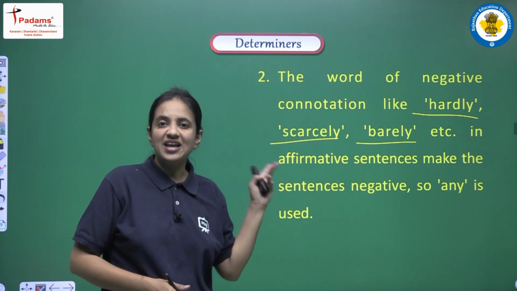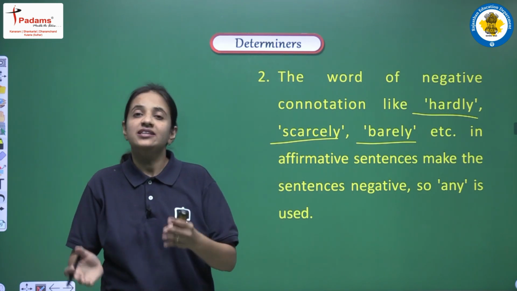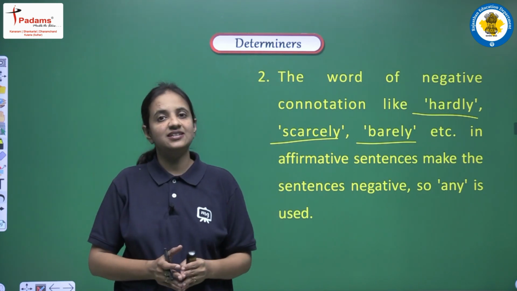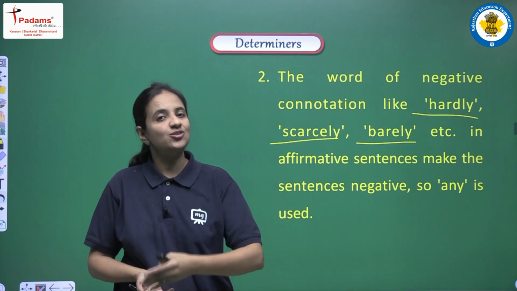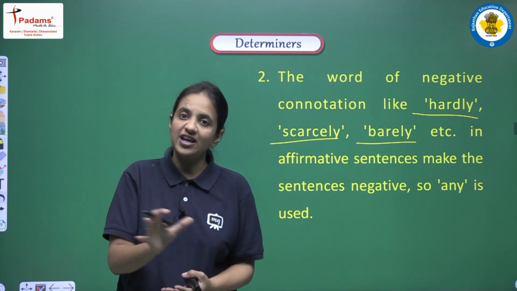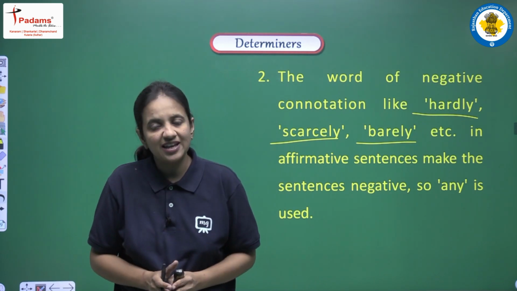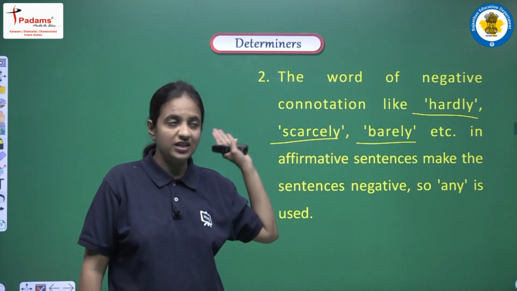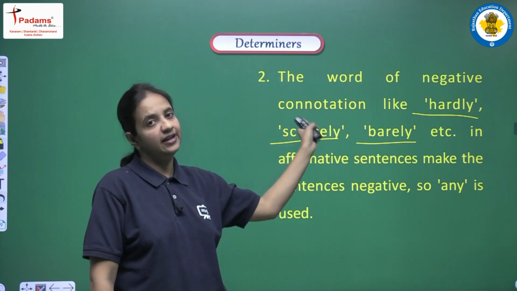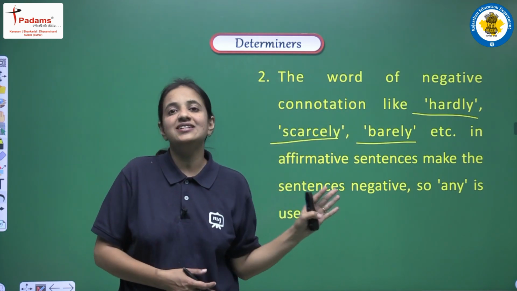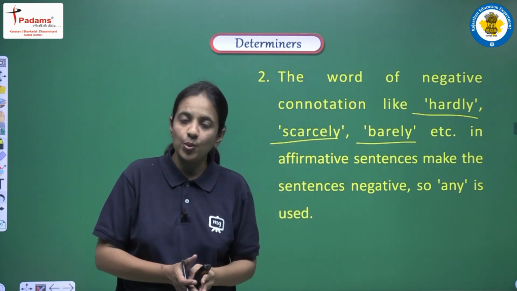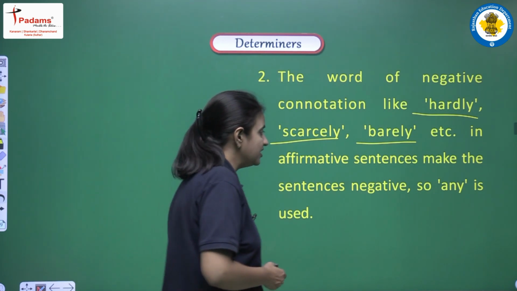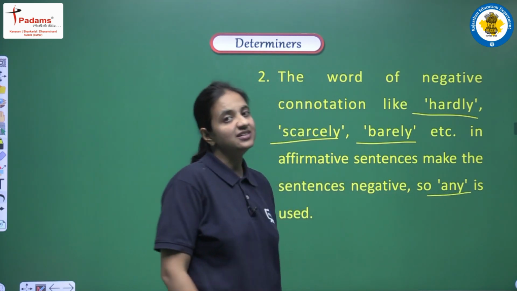So if we have any of these words in the sentence, then our sentence is also considered a negative one, right? So it's not that you only have to look for not in the sentence. Even if there is no not, but we have any of these words, hardly, scarcely, barely, then that sentence will be considered a negative one, and in that case we have to use any in that sentence.